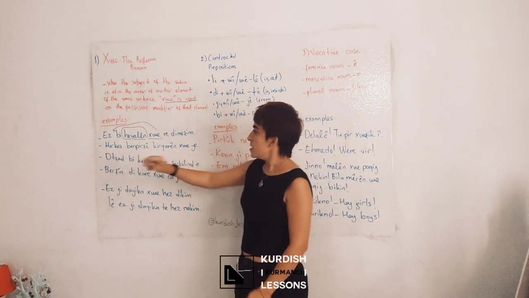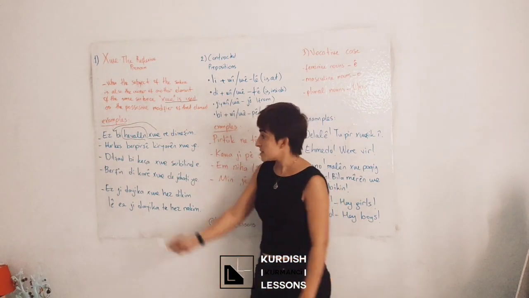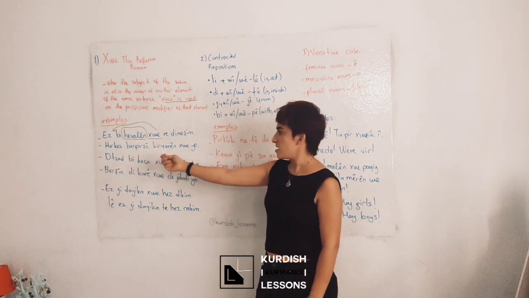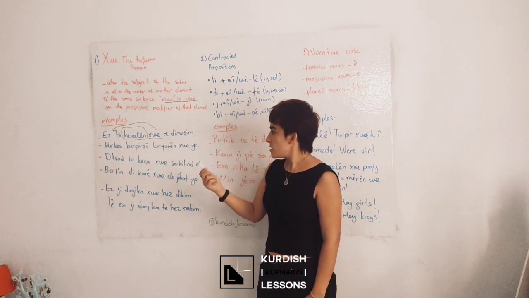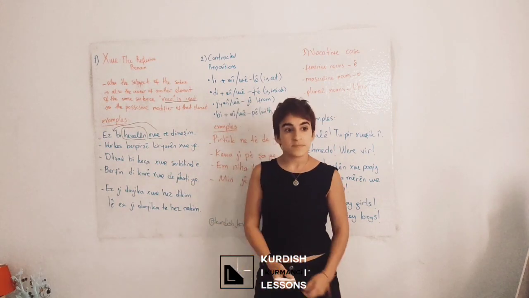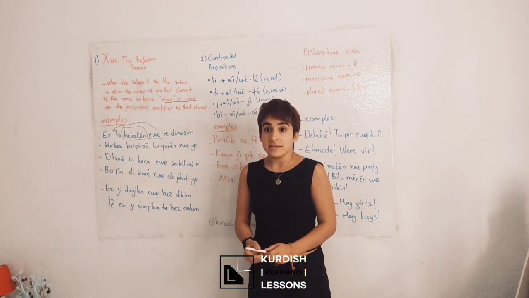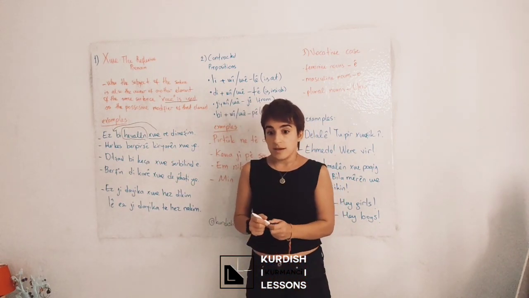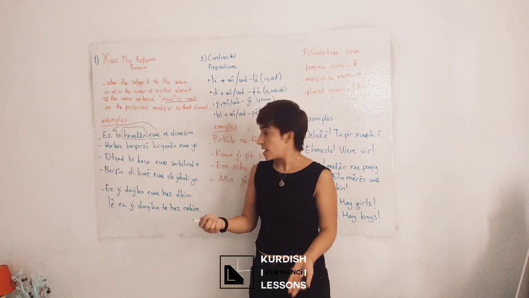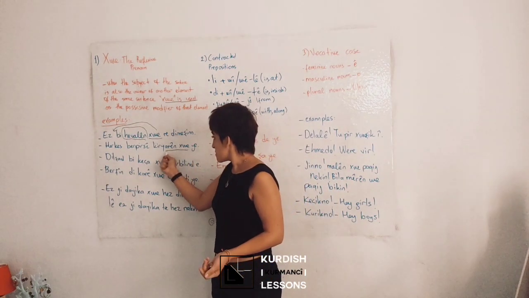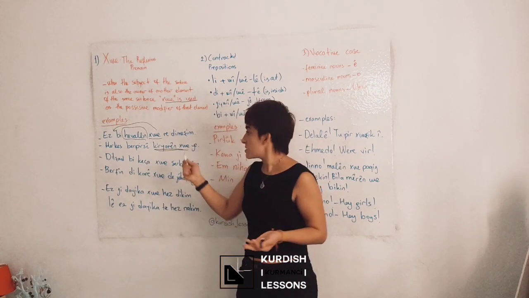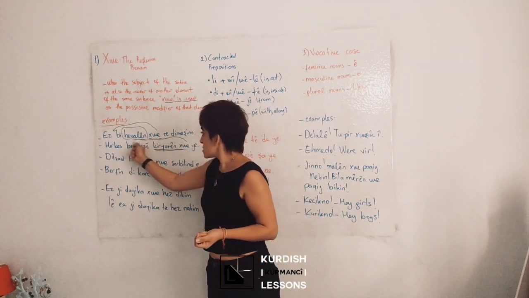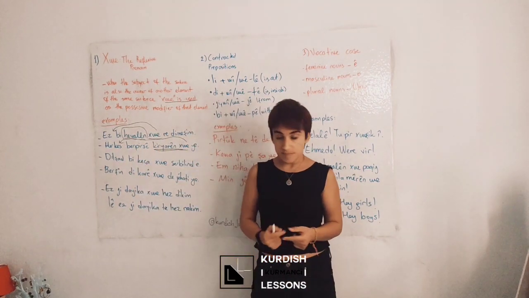The next one says "Herkes berpirse kiryarên xwe ye." So it means everyone is responsible for their doings. Okay, so it means their doings or its doings belong to this "herkes".